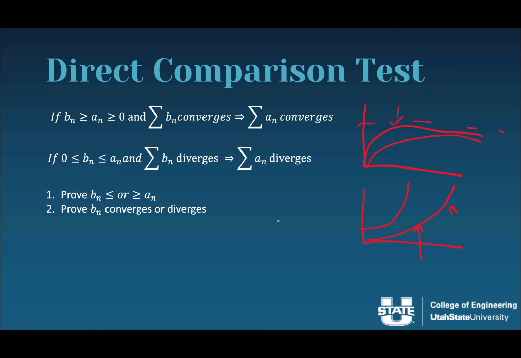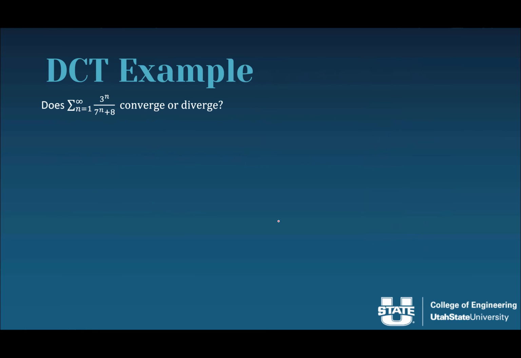So if b sub n converges and it's greater than our original sum, then we know that our original sum will also converge. And then if b sub n is less than our a sub n, our sum of a sub n, and it diverges, then a sub n will also diverge, is what all this is saying. Yeah? Okay, so then let's do an example problem.